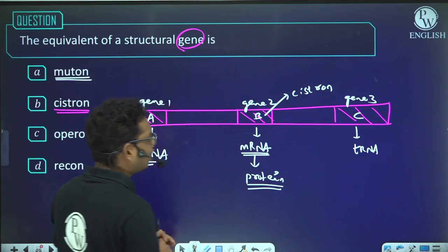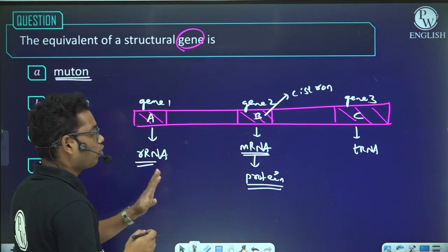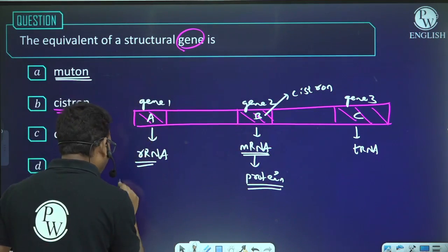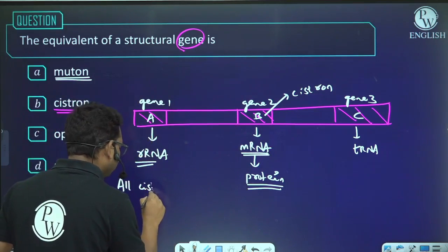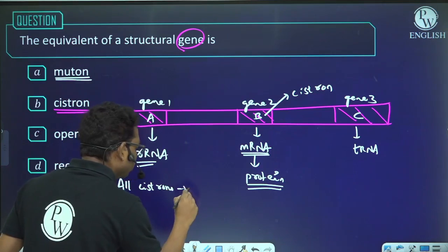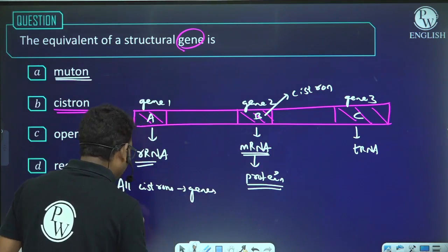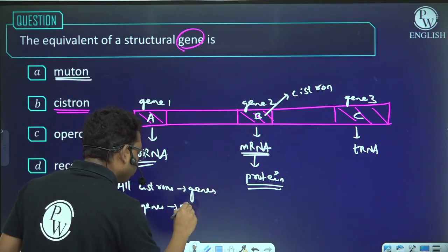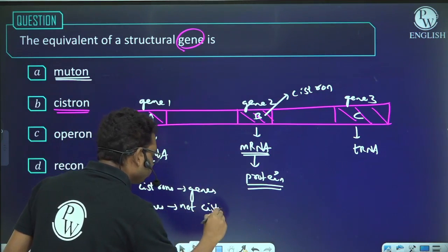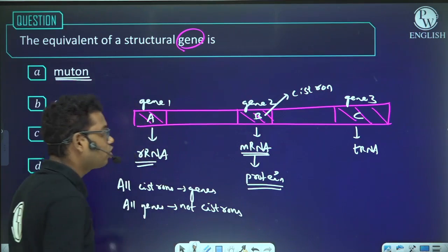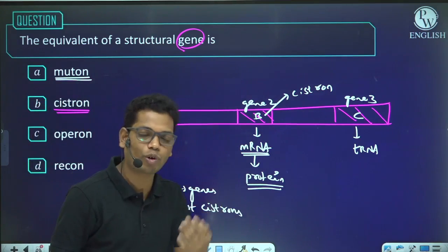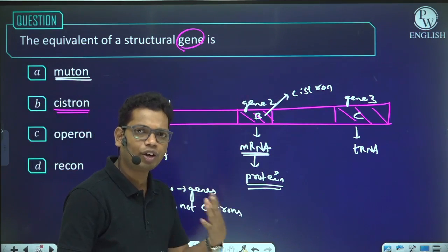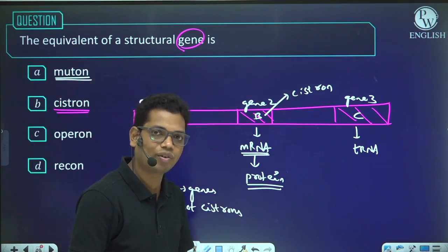So all cistrons are genes, but all genes are not cistrons. And cistrons are of two types, monocistronic and polycistronic. Monocistronic condition is found in eukaryotic cells and polycistronic condition is found in prokaryotic cells.